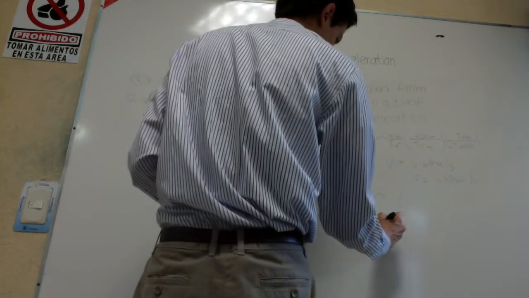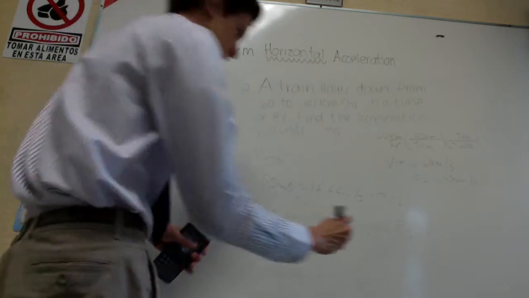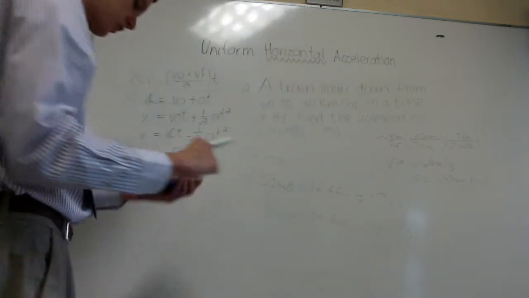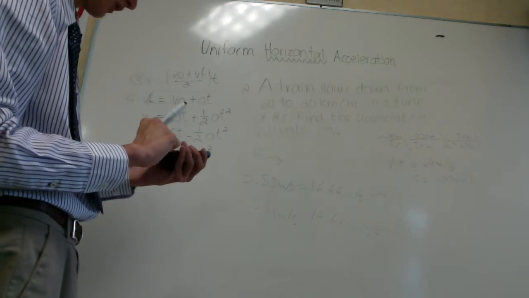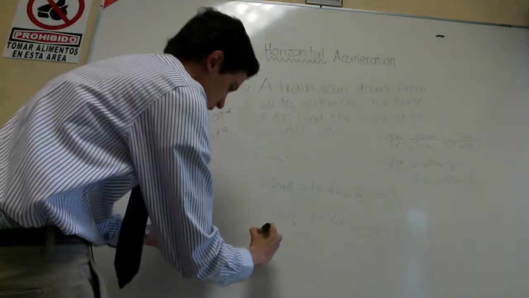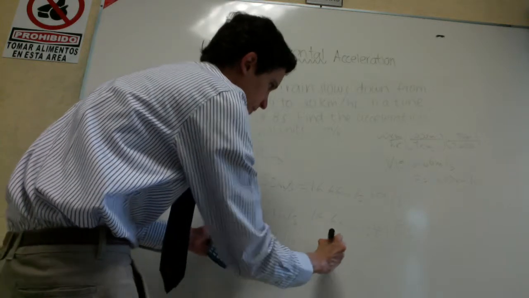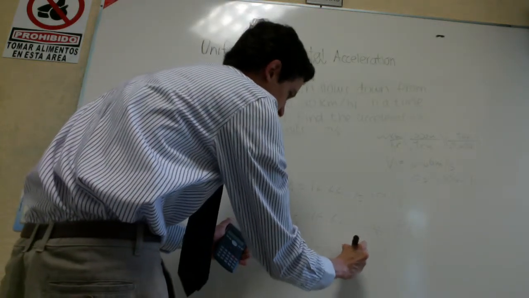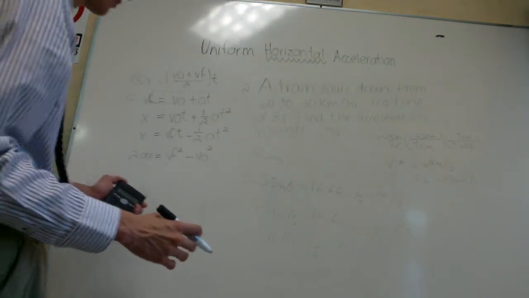acceleration times 8 seconds. So I subtract minus 16.66. I get minus 11.11 meters over second is equal to acceleration times 8 seconds. So what do I do?